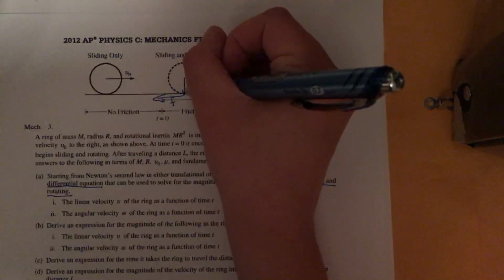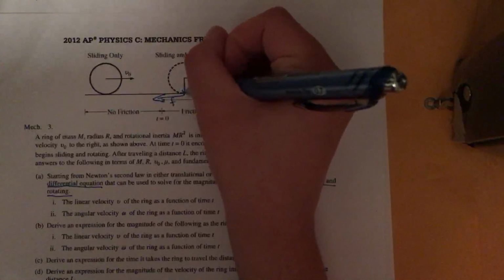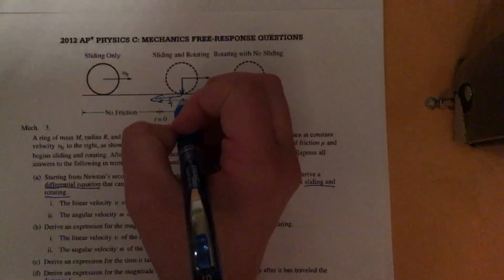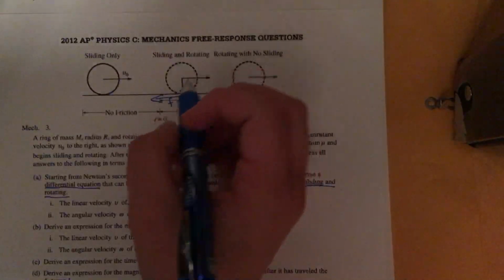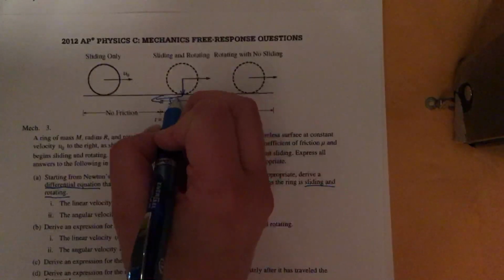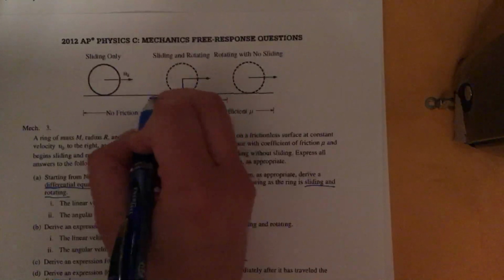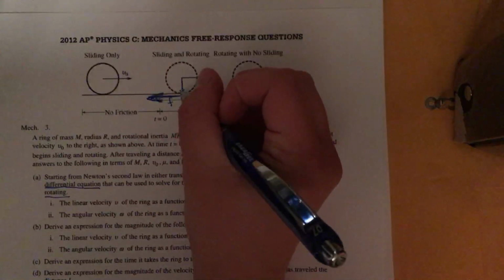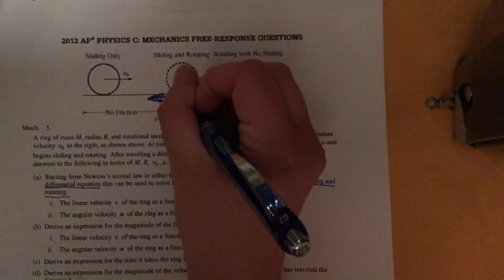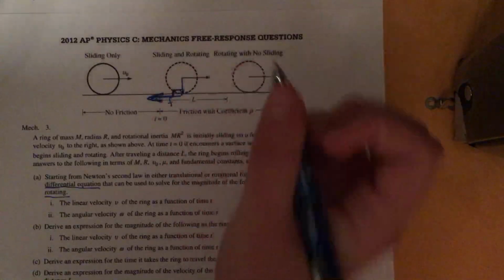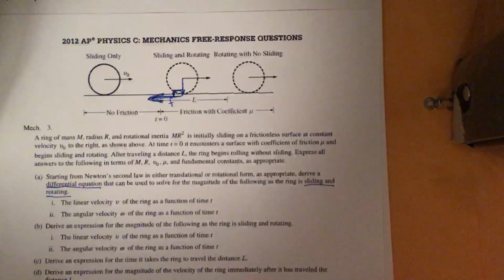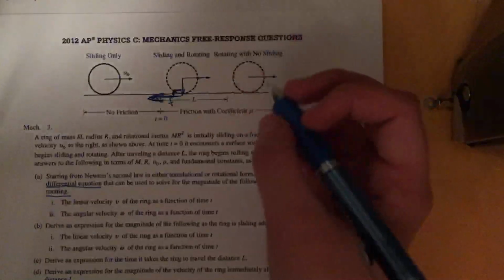And so this is our mass. This is the point of contact, and this is the force vector. I didn't draw it so great, but isn't the force perpendicular with the point of contact of the disc?